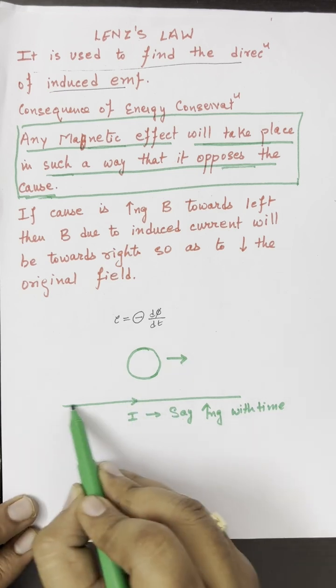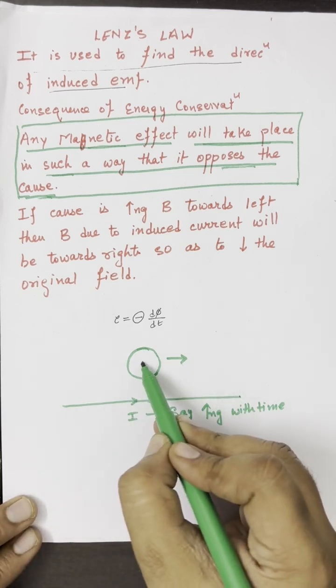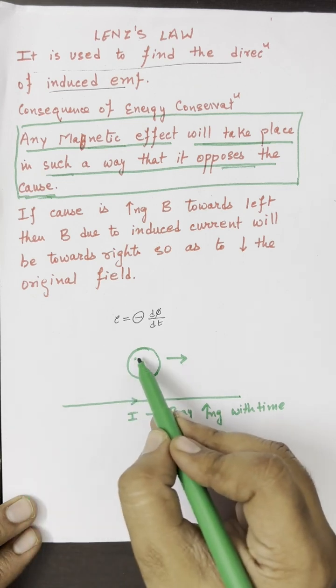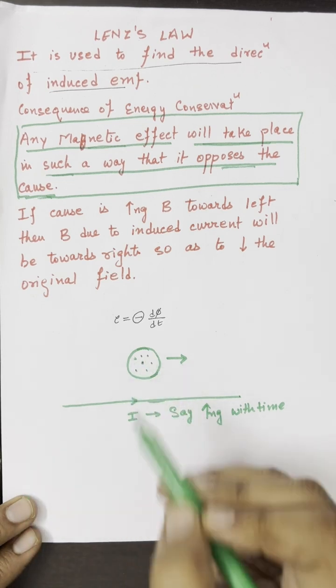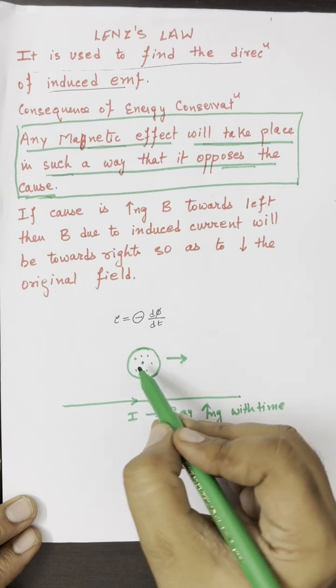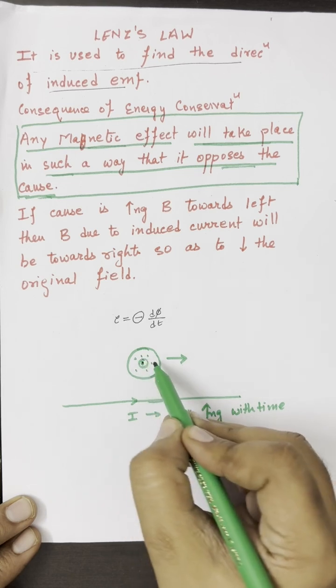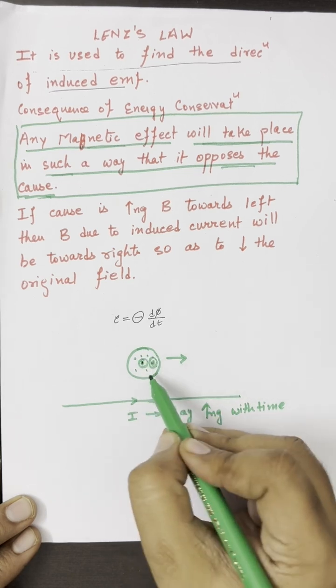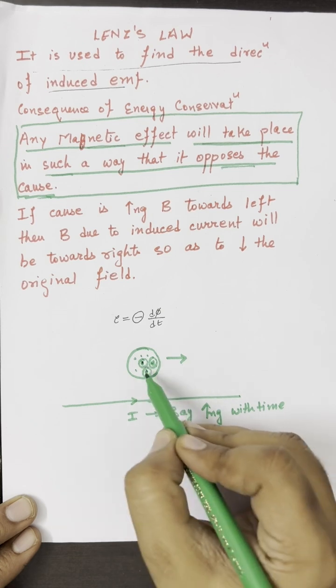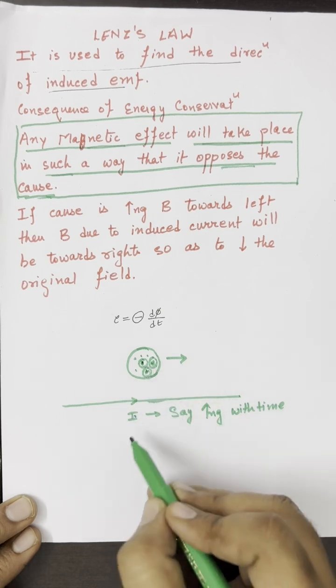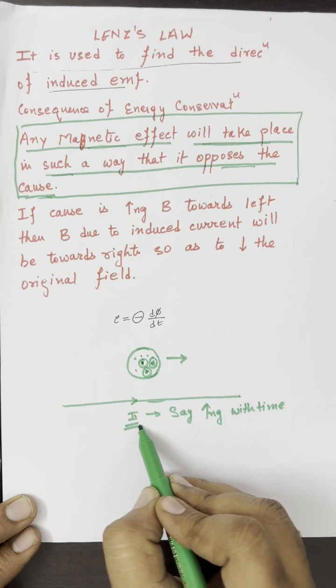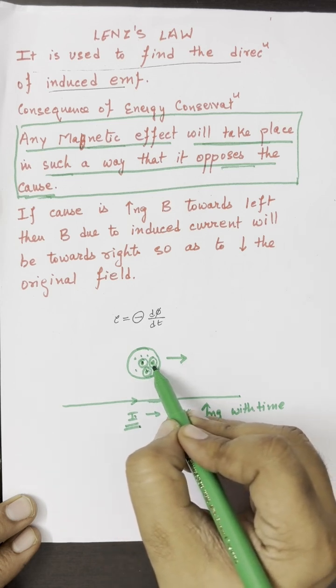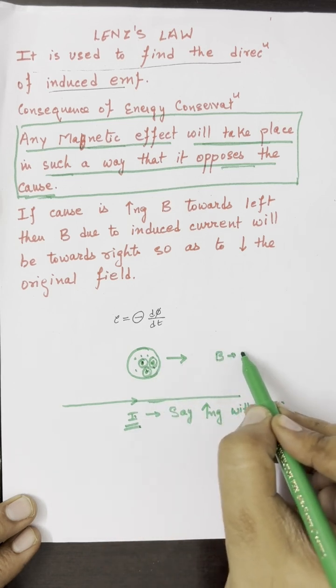Now due to this current carrying wire, some magnetic field is present at different locations of this loop. That magnetic field is out of the plane of the paper. The direction of the magnetic field is this, and this magnetic field depends on this current. When this current is changing with time, this magnetic field is varying with time.